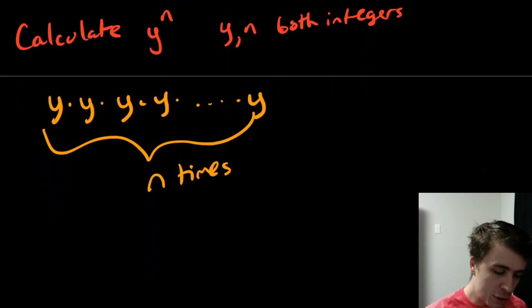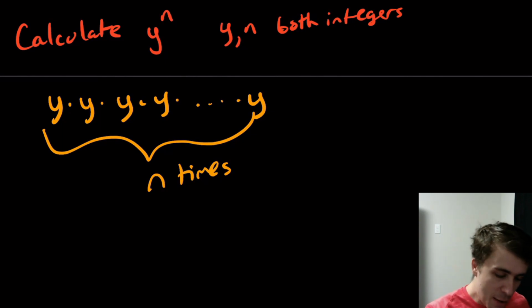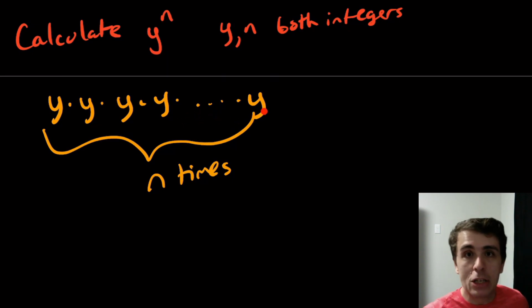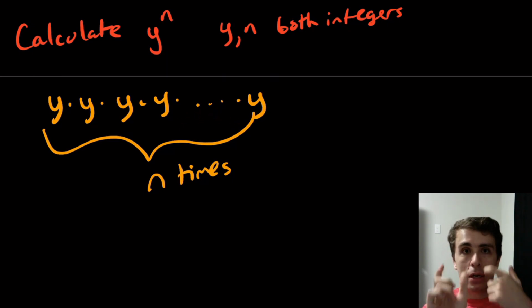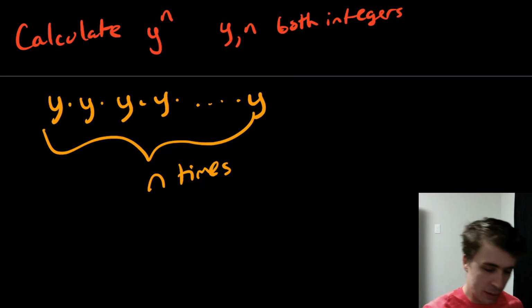But it turns out that we can do significantly better, because we can note that we're doing the same operation over and over and over, so we can do some kind of splitting idea like the one we did with the two sorting algorithms.